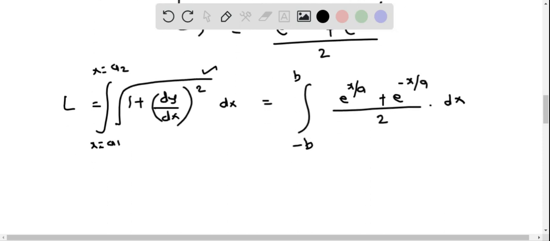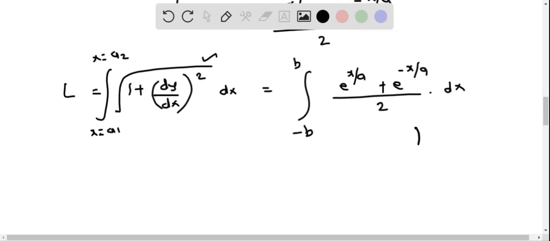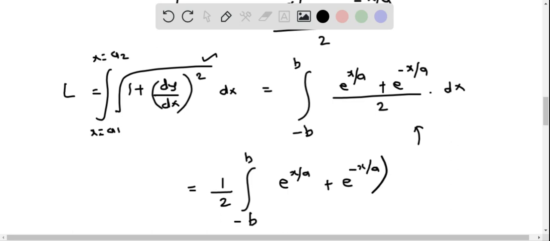So now we have to integrate this expression and evaluate within the limits of negative b to positive b. First I'm going to factor this 1 by 2 out of the integral. So this becomes 1 by 2 times the integral from negative b to positive b of e raised to the power of x by a plus e raised to the power of negative x by a, dx.